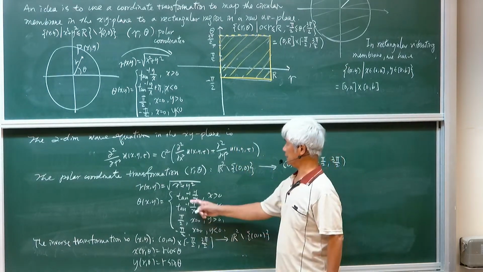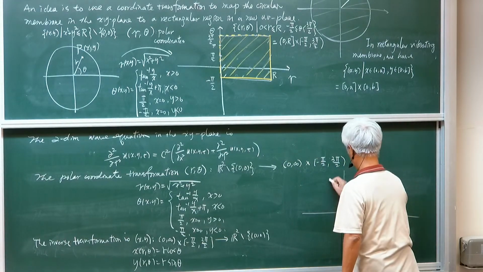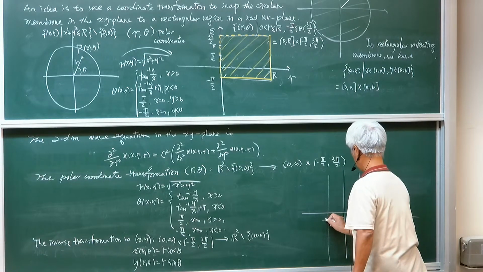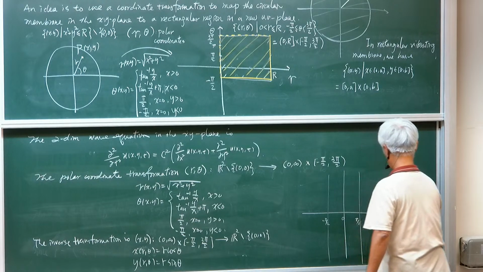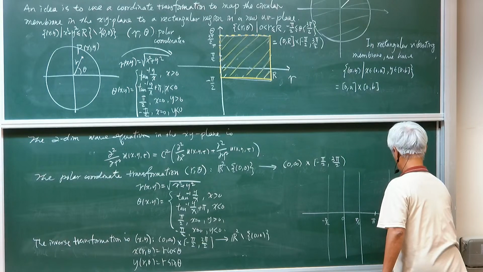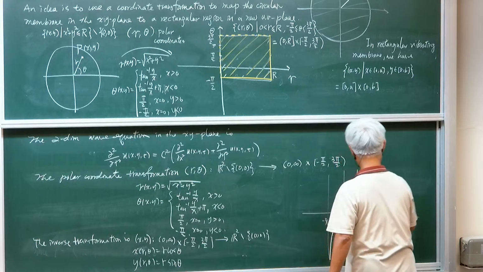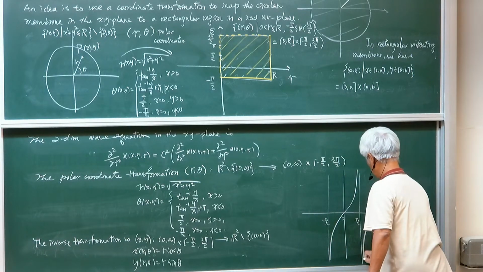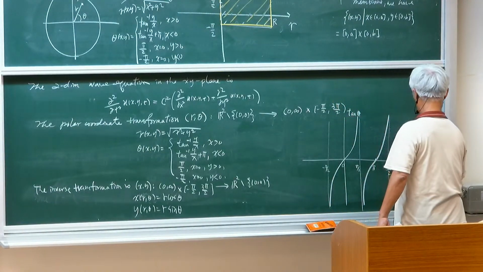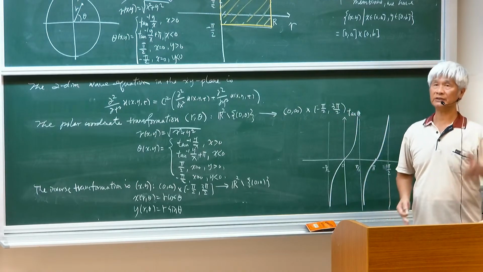The reason why we choose arctangent is because, as we know, the tangent function is a periodic function with period pi.